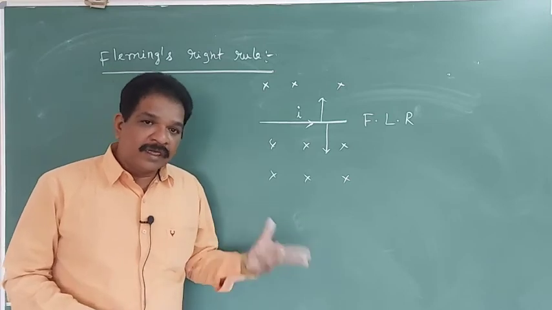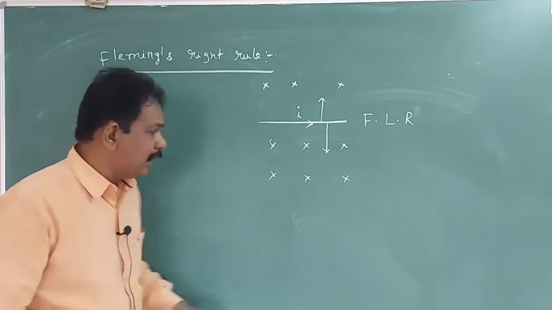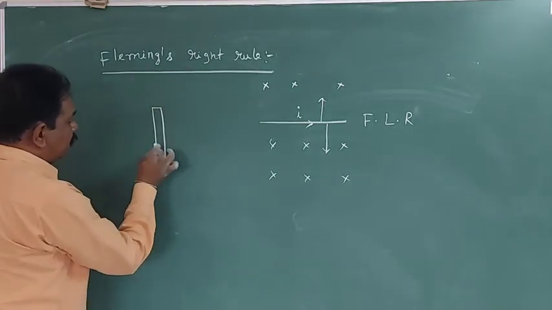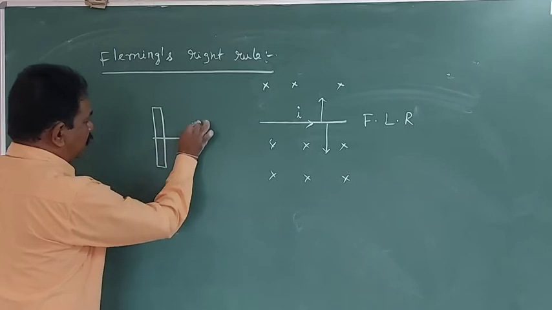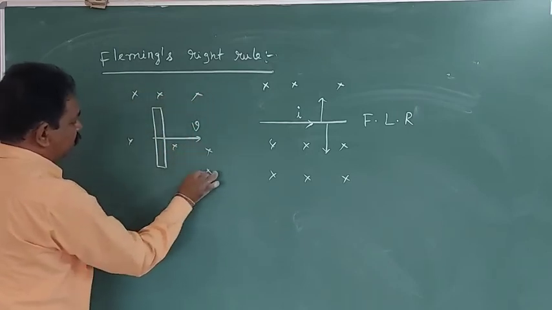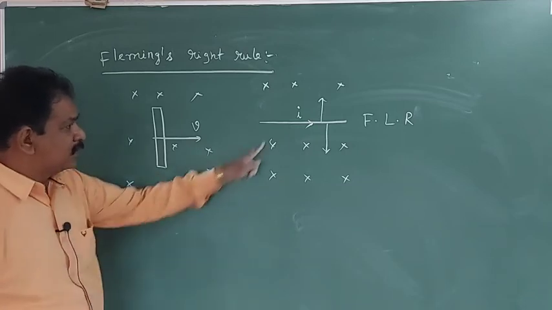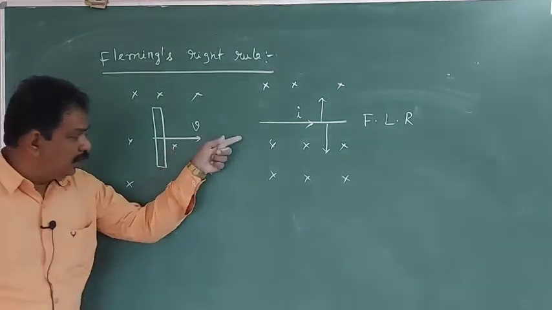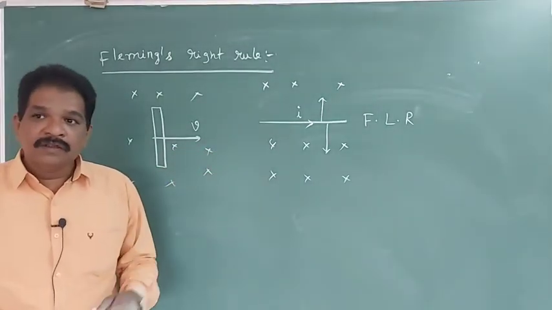Now Fleming's right hand rule, what is that? A rod is there. This rod is moving in a magnetic field. This wire here is not moving. Here the rod is moving in a magnetic field.